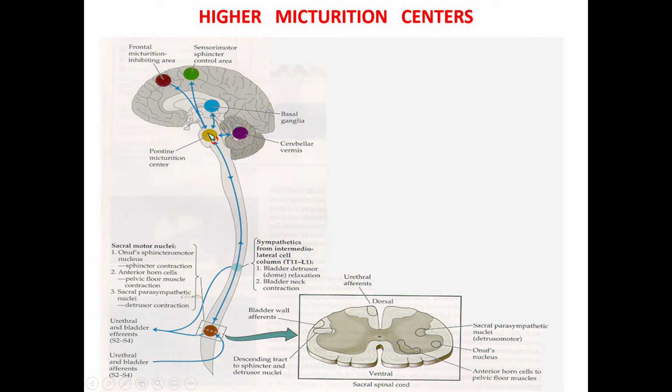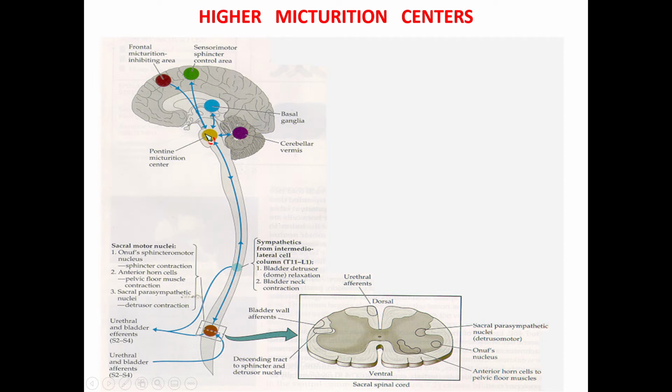And then we have the higher centers, which may be present in the basal ganglia and the frontal lobe. It is more of a sensory-motor sphincter control area. These are the higher centers present in different areas of the brain. So the most prominent one is the frontal micturition area, and we have the pontine micturition area, and we have the reflex center in the sacral region.